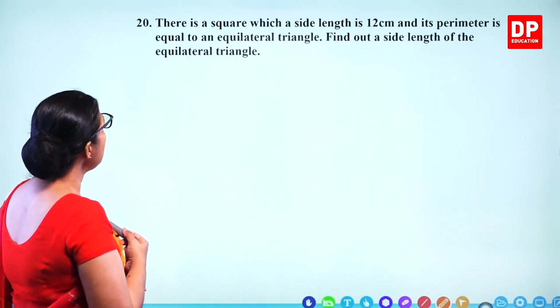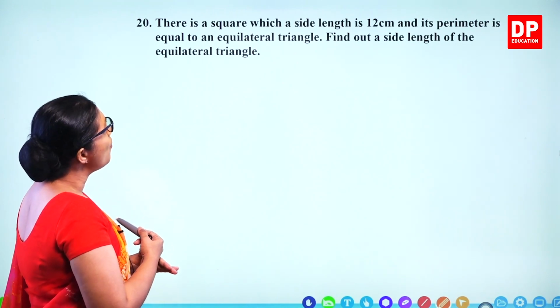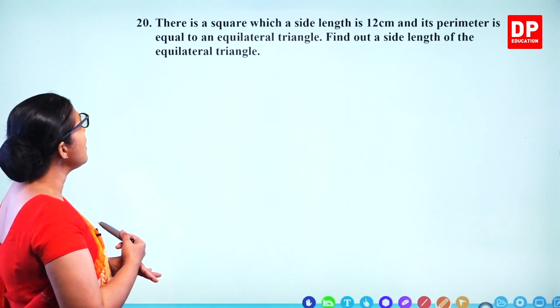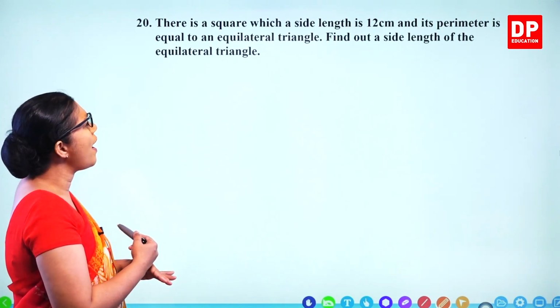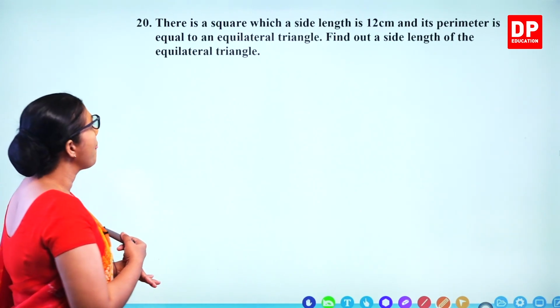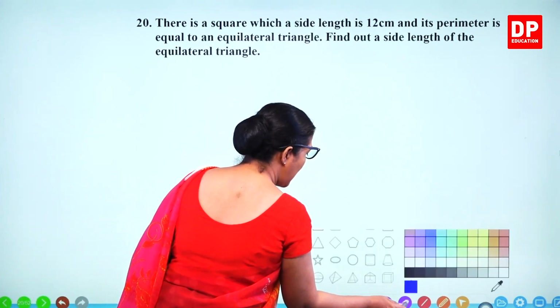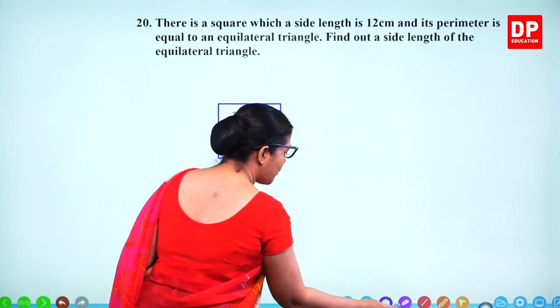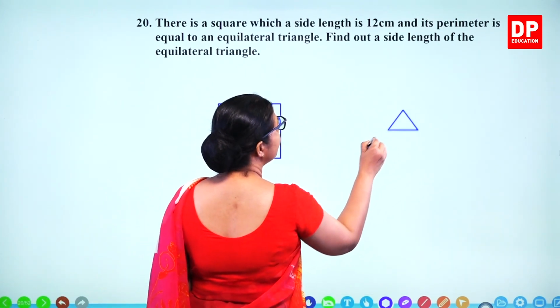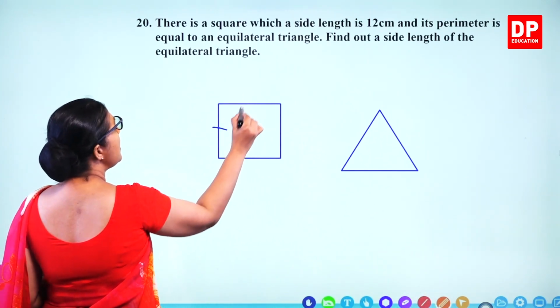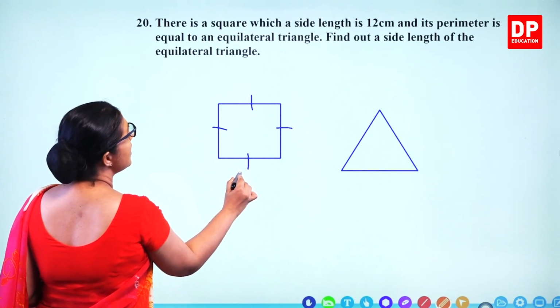Question number 20. There is a square whose side length is 12 centimeters and its perimeter is equal to the perimeter of an equilateral triangle. Find out the side length of the equilateral triangle. So that means when you take the square and the equilateral triangle, the perimeter of the square, one side is 12.